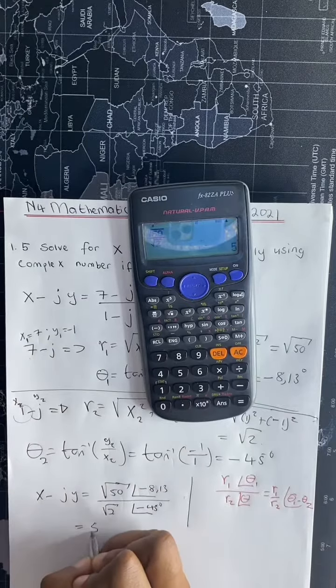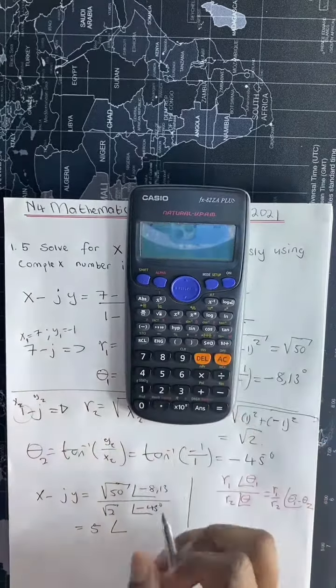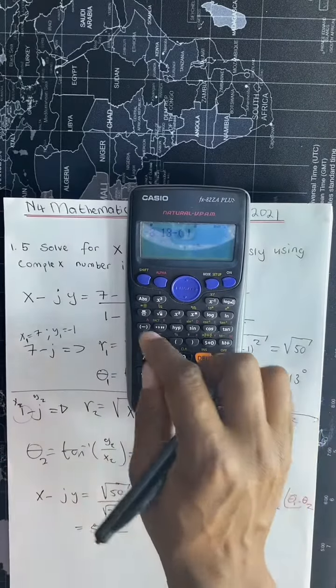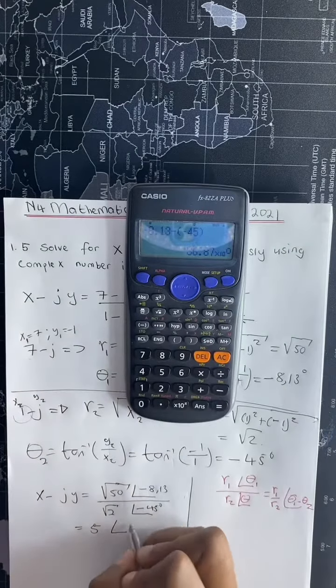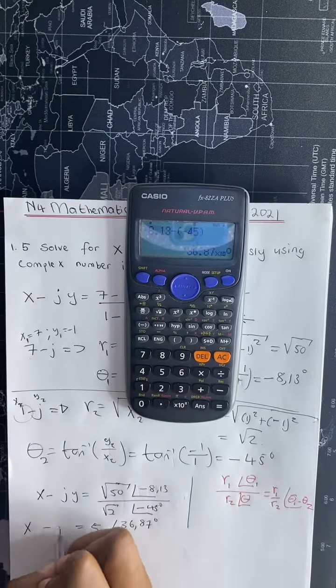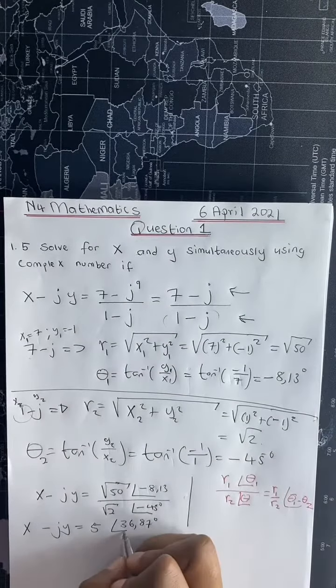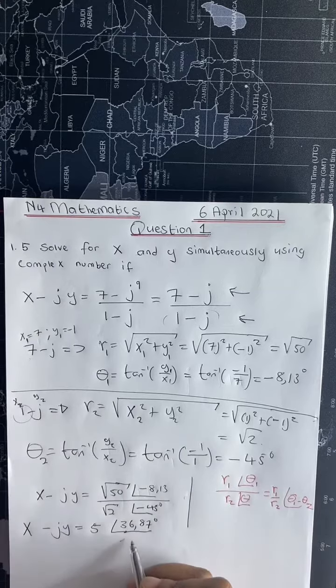This will be equals to 5, and we divide -8,13 with negative 45 degrees, and this will be equals to 36,87 degrees. So we have x minus jy. So this is in polar form, so we cannot compare it with what we have on the left hand side if it's in polar form.